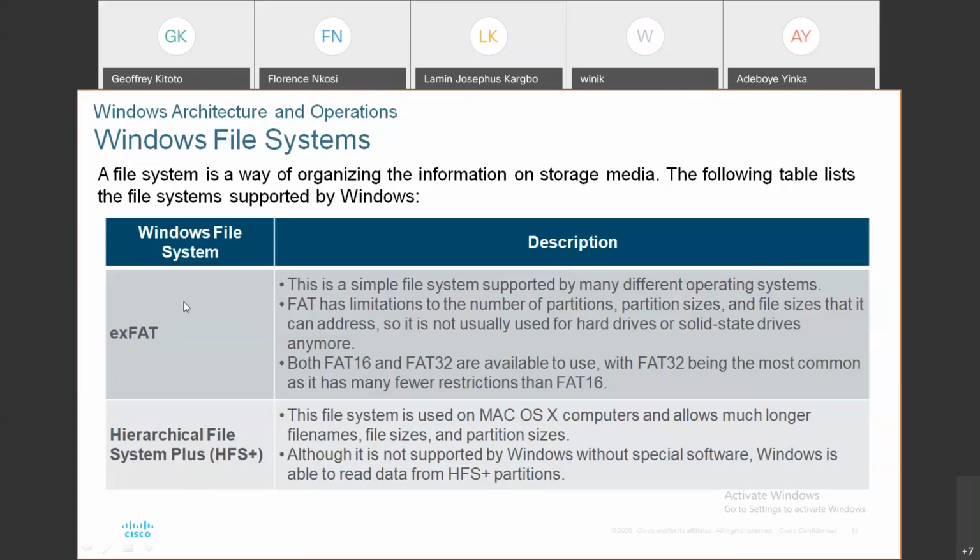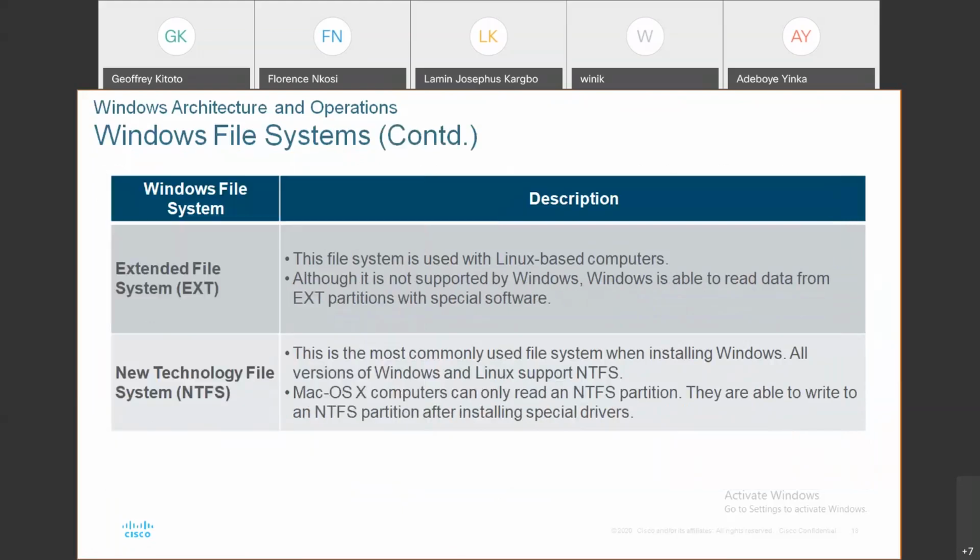Okay, so these are the common Windows file systems that we have. We have also the extended file system. This file system is used with Linux-based computers. Although it's not supported by Windows, Windows is able to read data from extended partitions with special software. Then finally, we have the new technology file system, NTFS, the most commonly used file system when installing Windows. All versions of Windows and Linux support this file system.